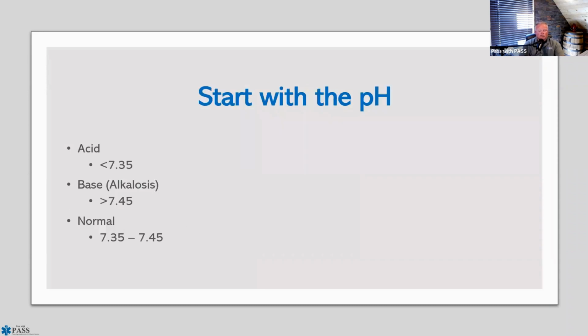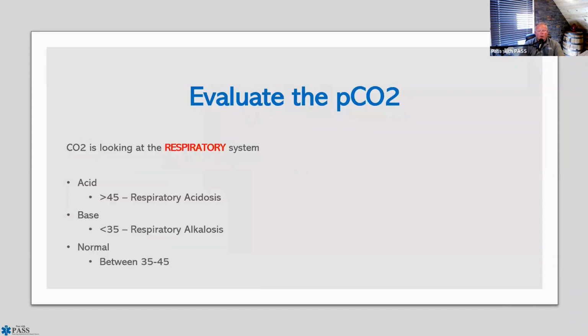All right, so we're going to start with the pH and determine if it is less than or greater than 7.35 or 7.45. And remember that your range is that 7.35 to 7.45. Then we're going to evaluate the CO2. And what we are looking for at the CO2 is whether or not this is a respiratory issue, okay?